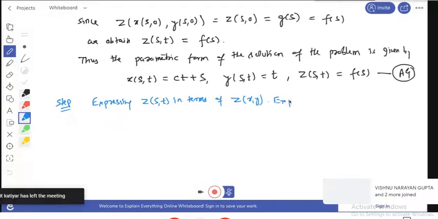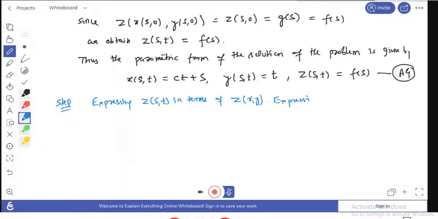Okay, so how can we solve this? We have this equation, x and y in terms of t and s, so we solve that, and we can express s and t in terms of x and y. Okay, so s is a function of x and y, and t is also a function of x and y.